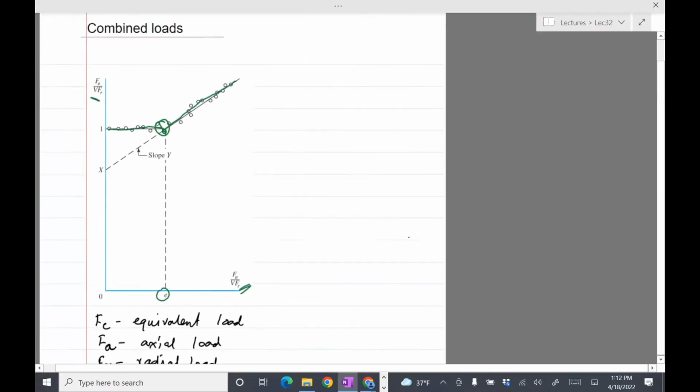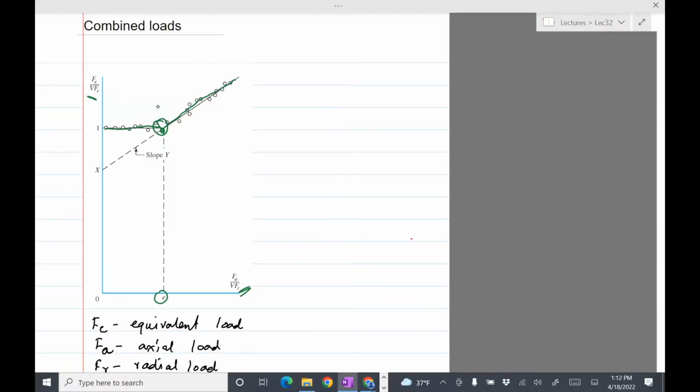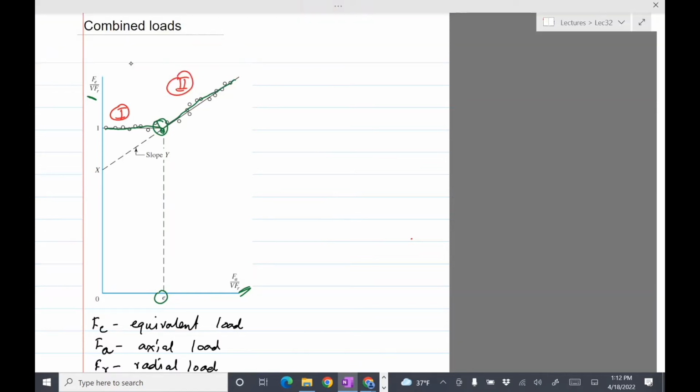Okay, so as I said, there are two parts to the line. Let's call this part 1, and this part part 2 of the line. And I'm going to write equations for both parts. So for the first part, we can see that V FE divided by V FR is equal to 1.